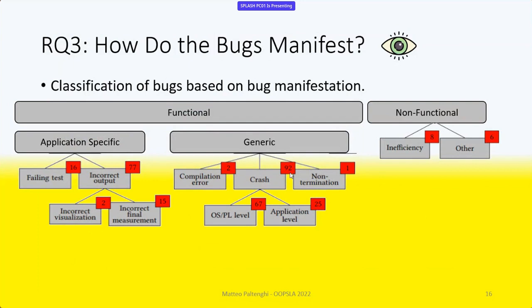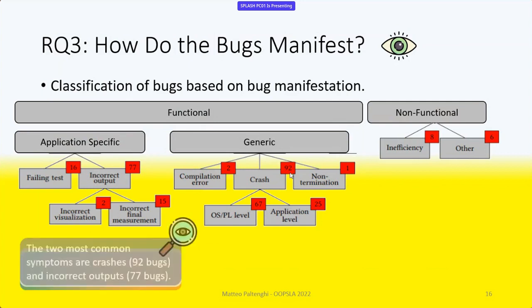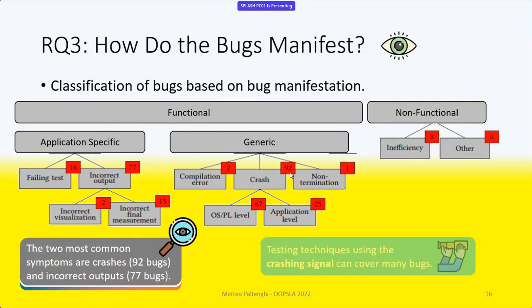And we also assigned a number of bugs for each category that we found. And here, the observation is that we can see 92 crashes and incorrect output, 77. They are the two largest and most common symptoms for these bugs that we have analyzed. Therefore, the crashing signal is, for example, a good candidate to cover many bugs in these platforms.